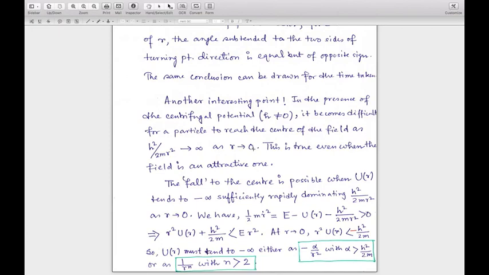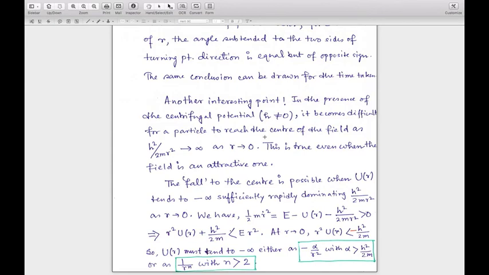That means when U(r) is of repulsive nature, then already U(r) tries to prevent the particle from coming to the center of the force, because the particle just sees that when it approaches the center of the potential, its energy increases. And that's why it doesn't want to go there, because it always tries to minimize its potential energy, right?